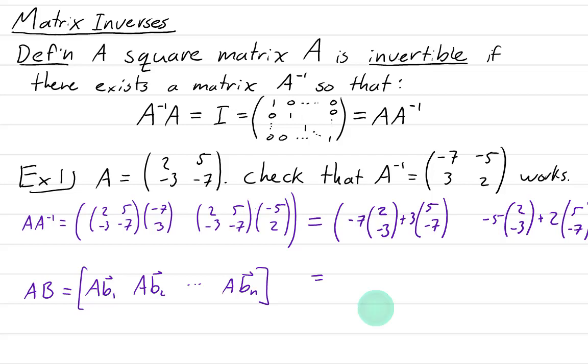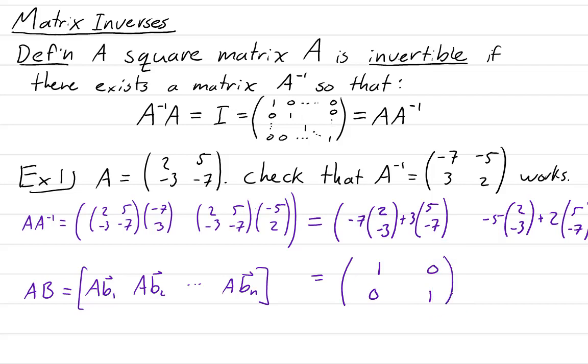Now if we actually do this linear combination, we get negative 7 times 2 is 14 plus 3 times 5 in that first column is going to be a 1, and then positive 21 minus 21 in the second one right there. And so here we're going to get negative 10 plus 10 in that first row, and then 15 minus 14 is 1 there.